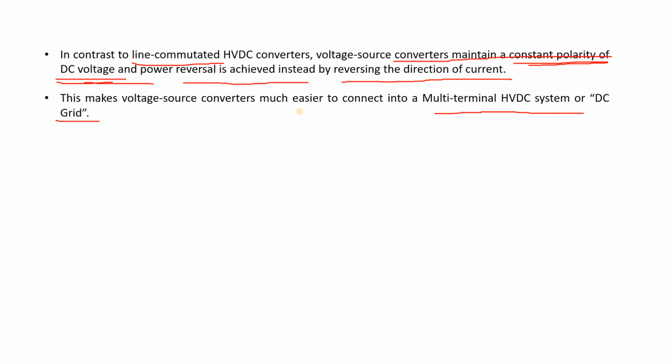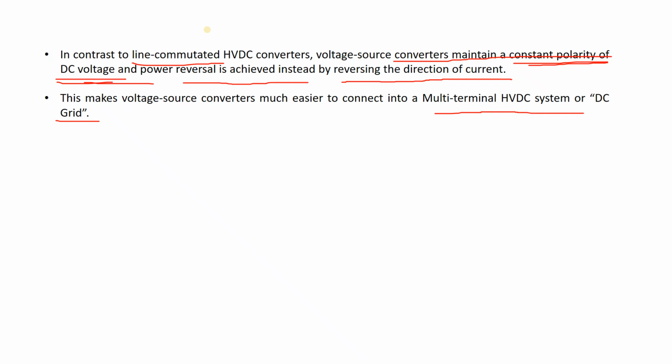The power reversal is achieved instead by reversing the current. That means the power reversal can be done without changing the direction of the direct current. So without changing the direction of the direct current, if power reversal is achieved, then we can say that it can be utilized in DC grid also.